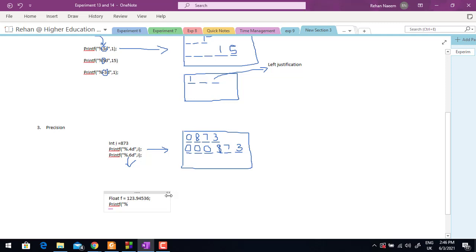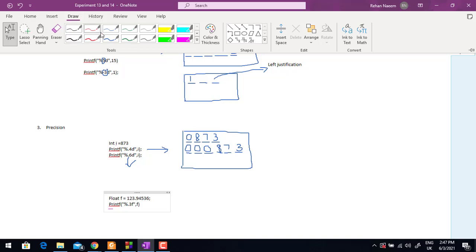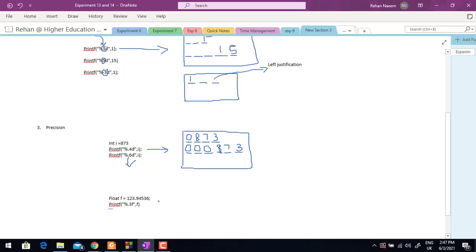Percentage point 3f, floating number f. Okay, now what will happen? The story is a bit different over here in case of floating number.